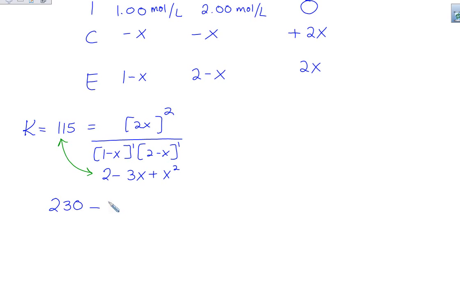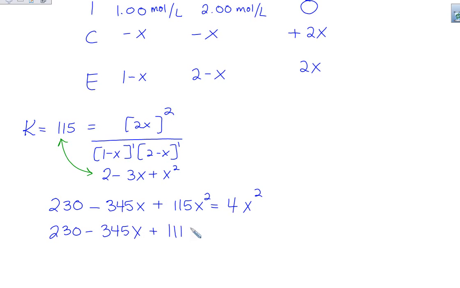Minus 115 times 3, how about 345x, plus, icky, 115x squared equals 4x squared. Okay, so let's simplify that a little bit and say 230 minus 345x plus 111x squared equals 0. Awesome. Okay, so I'm going to cheat at this point, and I'm going to plug this into my calculator.